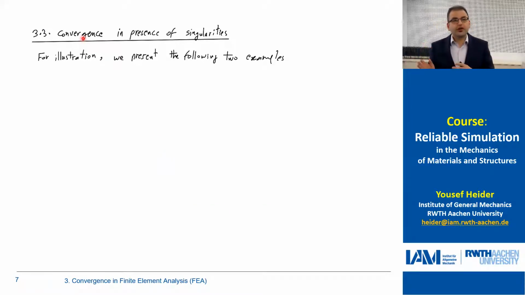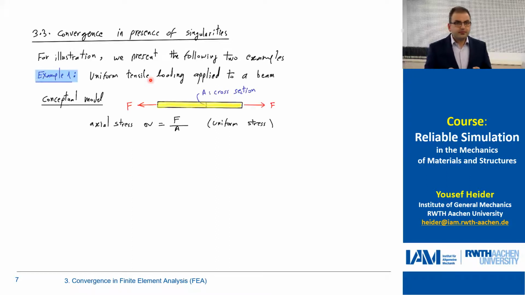Now having talked about mesh convergence, we can move to the second section, which is convergence in the presence of singularities. I will give 2 examples to illustrate what we mean by singularity. For the first example, consider a structure, a beam subjected to uniaxial forces F. And this is our conceptual model.